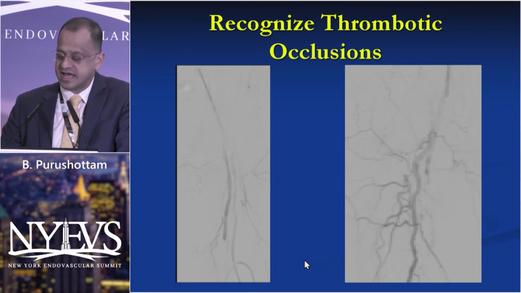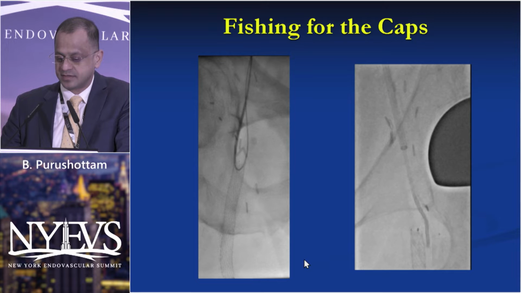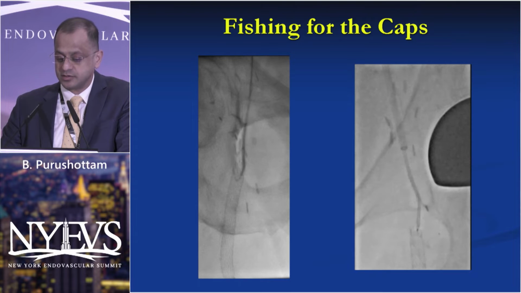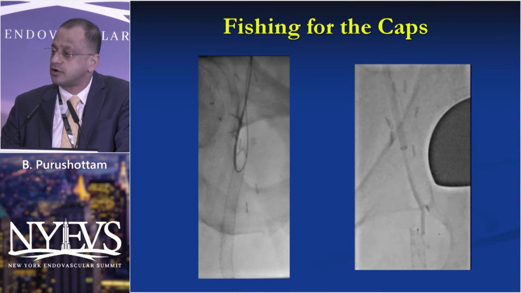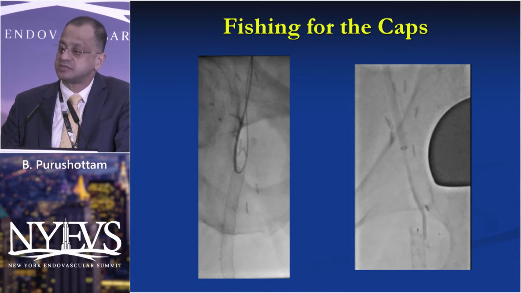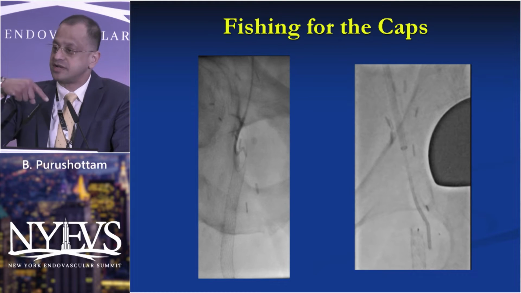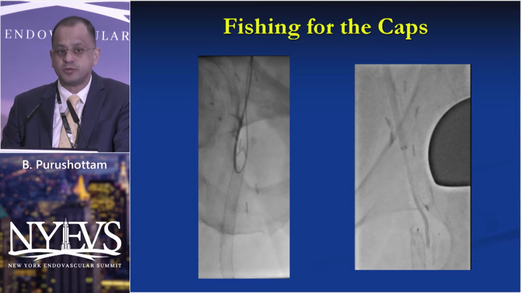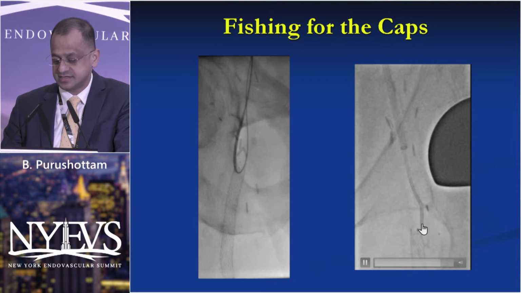Have a knack to recognize these. Sometimes you can use a catheter, like what I'm using here, a vertebral, to see if it lodges onto where the proximal cap is, or you can look at the contralateral iliofemoral angiogram and give a perception of where roughly the proximal cap is.